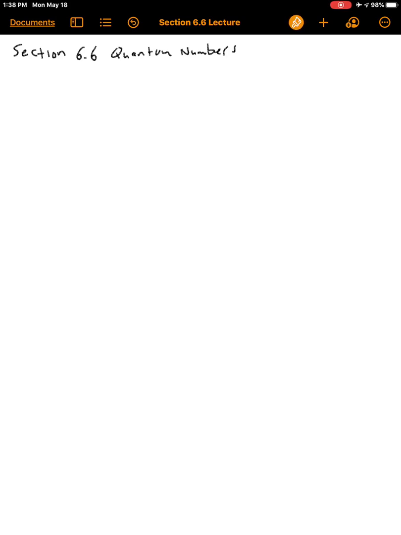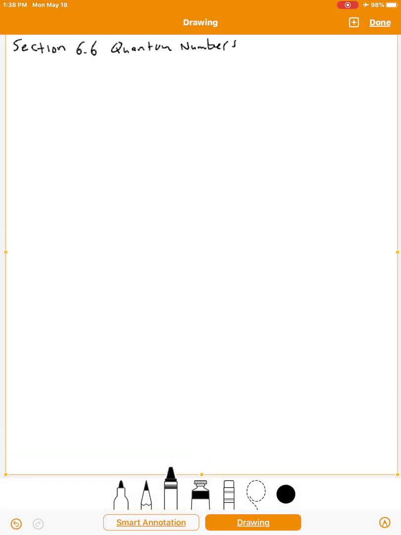Okay, in section 6.6, we're going to talk about what are called quantum numbers. Now, we've already looked at quantum numbers in terms of the Bohr model, right? The Bohr model said that the energy of the electron in the hydrogen atom, the electronic energy, was related to this quantum number n.